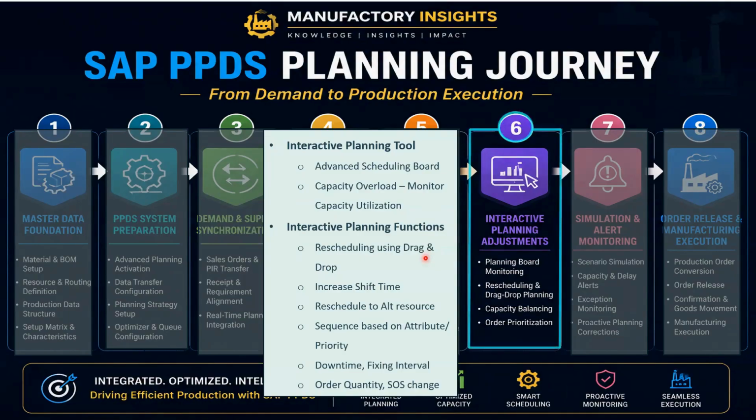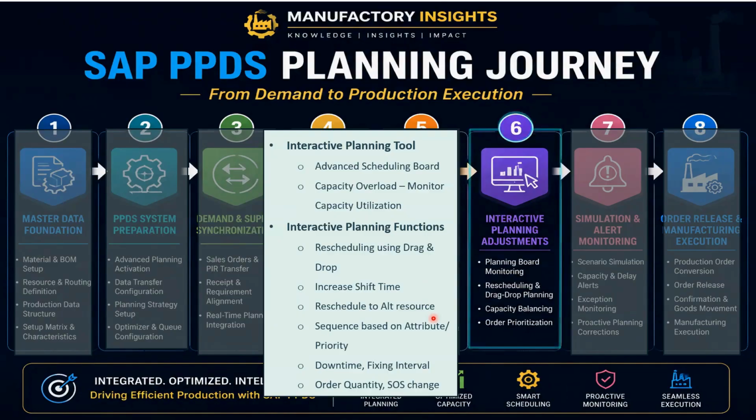So what are the interactive planning functions that can be used? I would say the main function is the drag and drop option using the PPDS planning board. The planner can move the orders from a particular date and time to another based on their business requirements. To increase the capacity, they can increase the shift time, or they can reschedule the particular overload capacity to the alternative resource.